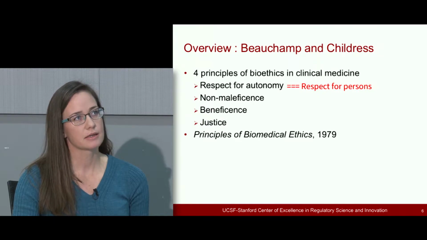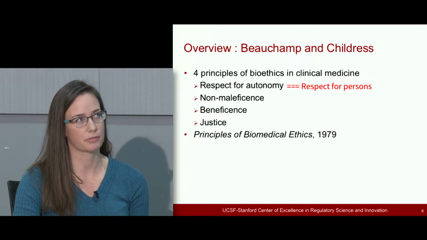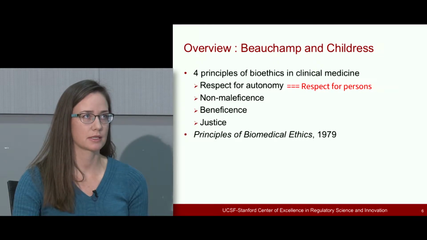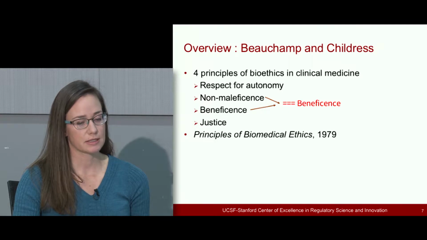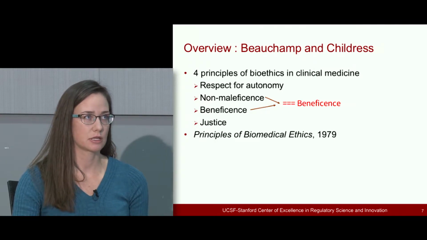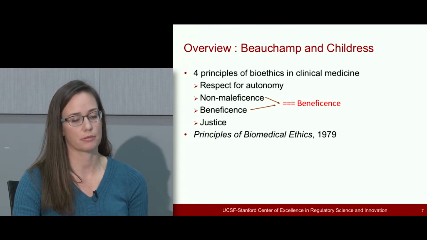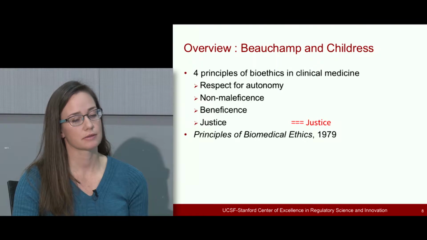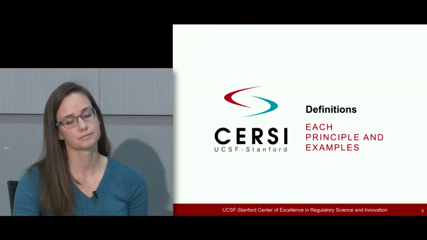But if you see, these 4 principles are very similar to the 3 principles from the Belmont Report. So respect for autonomy is the same thing as respect for persons. Non-maleficence, the idea that you don't do bad, and beneficence, the idea to do good, is about the same thing as just beneficence in general from the Belmont Report. And then justice from Beauchamp and Childress is the same thing as justice from the Belmont Report.